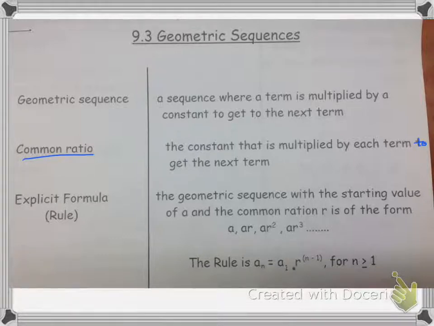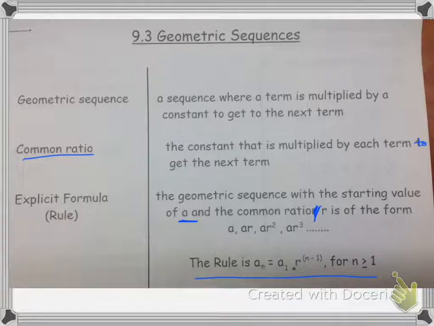The explicit formula, or the rule, is here in the formula down at the bottom. It's where you have a starting value of A and a common ratio R. That should say ratio, not ration.